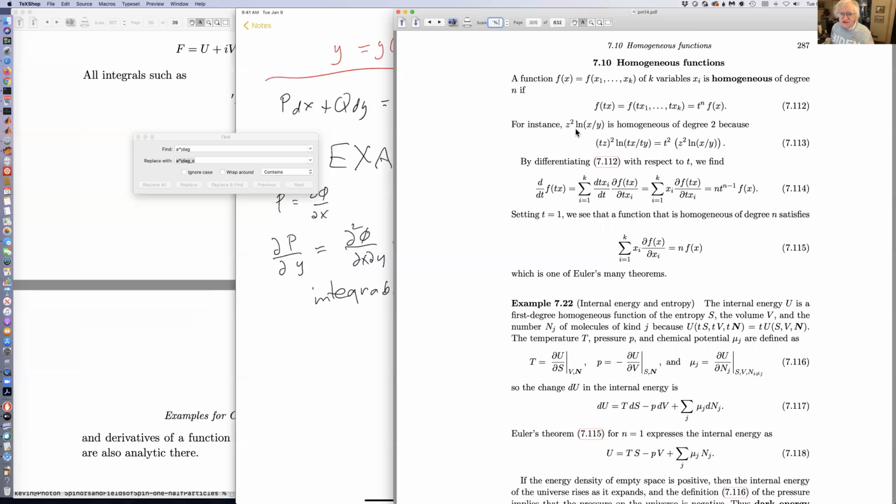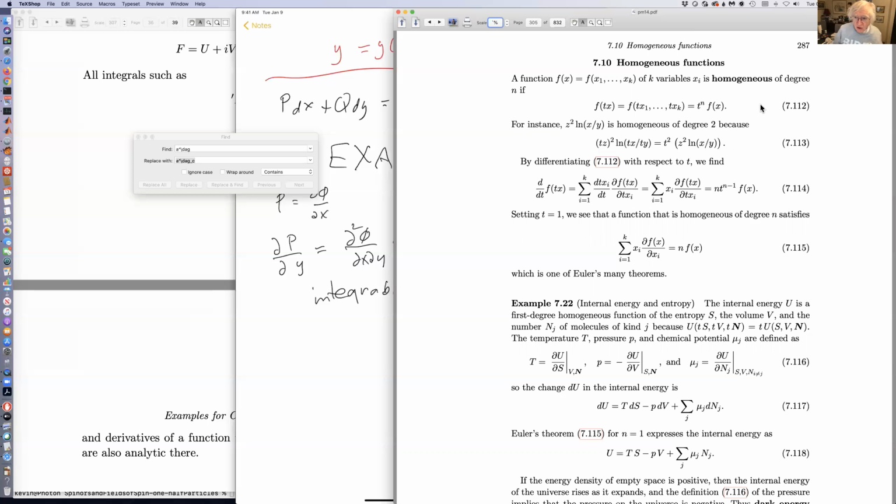An example, z squared log of x over y, is homogeneous of degree 2 because if you replace x and y by tx and ty, you get (tz) squared log tx over ty, the t's cancel, and you get t squared z squared log of x over y, so it's homogeneous of degree 2.